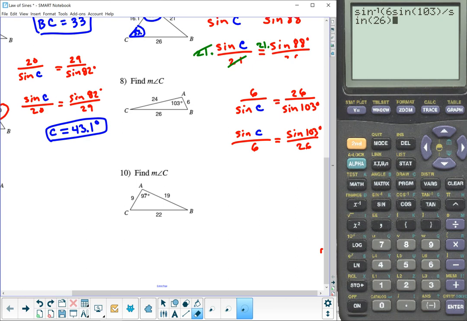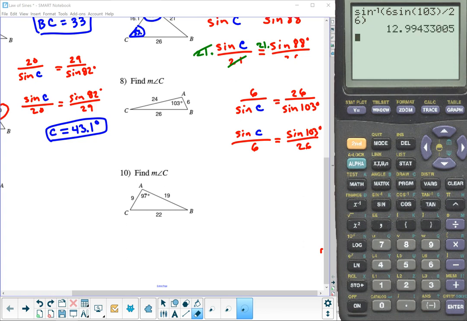And 26 over sine of 103. Flip it around. So sine inverse of 6 over sine of 103 degrees divided by, oh, just divided by 26. I don't know why I put sine of 26.